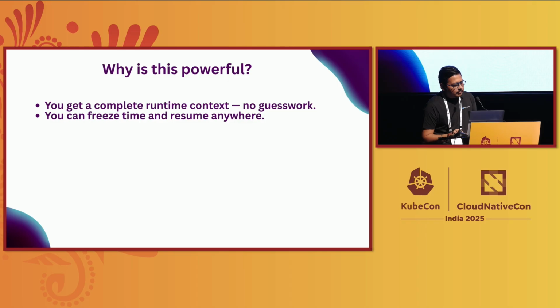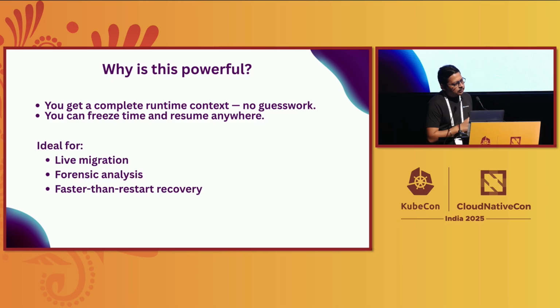Why is this powerful? Because we don't have to do any guesswork. You are taking the actual running state of that container and debugging on that. It's ideal for live migration, forensic analysis, and faster-than-restart recovery, for applications which take a longer time to restart.